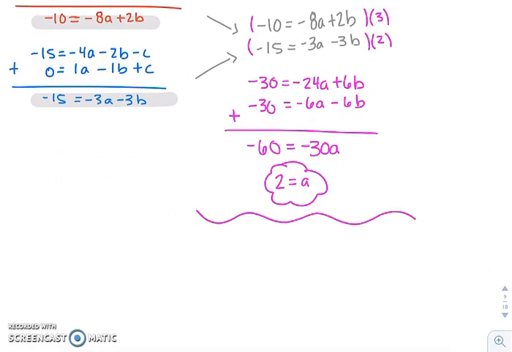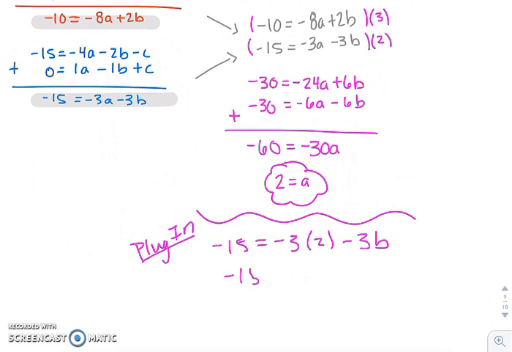All right, now we need to plug into one of those two gray equations, to get your second variable. So let's just plug it into the second one. So negative 15 equals negative 3 times a, which is now 2 minus 3b.